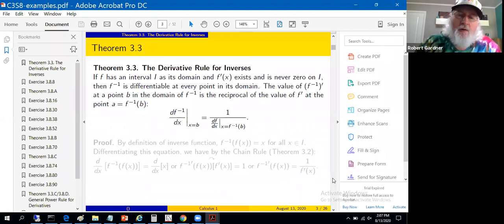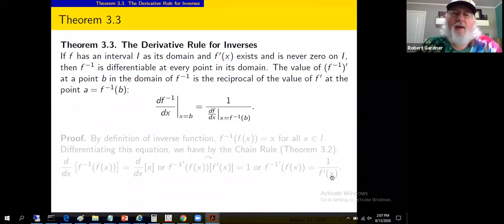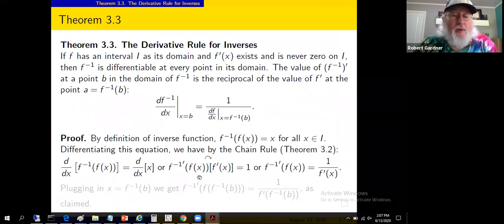What do I know? I know the definition of inverse function, which deals with compositions of functions, and I know the chain rule. It turns out that's all we need. By definition of an inverse function, f inverse of f of x equals x for all x in the domain of f.